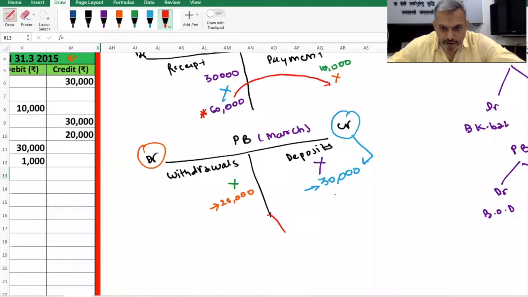Bank will record first 60,000 on the credit side, and then again it will record 60,000 on the debit side along with some dishonoring charges. सो इससे हमें पता चलेगा कि ये 60,000 वाला चेक बैंक में डिसऑनर हो गया. So first it will be recorded on the credit side by the bank, then on the debit side, and such charges are also recorded along with it.